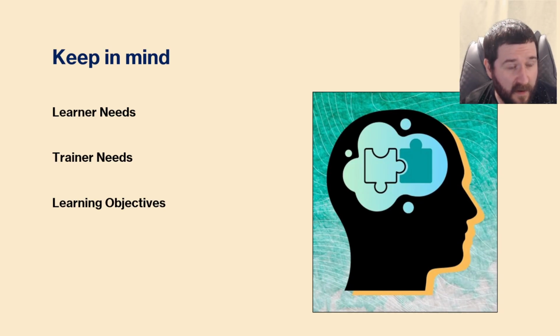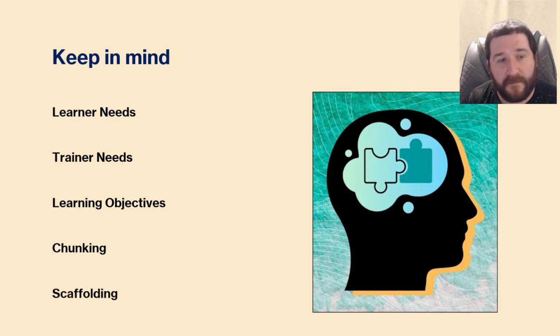That's what we have in mind as we go to develop these learning materials. And like last week, we also talked about chunking and scaffolding, and that is still definitely appropriate with written materials. How you chunk those materials and how you break them down will help your learners access them better. So definitely things to keep in mind.